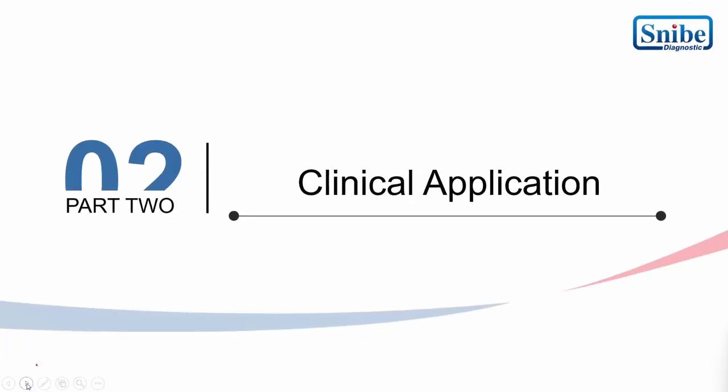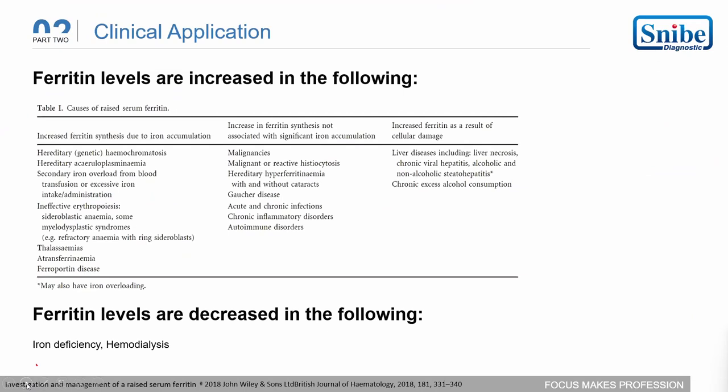In the second part, we have to discuss the clinical application. You can see that the ferritin levels are increased in the following cases. So what are the causes which may increase ferritin levels, or which are the causative agents for the increased level of ferritin due to iron accumulation?